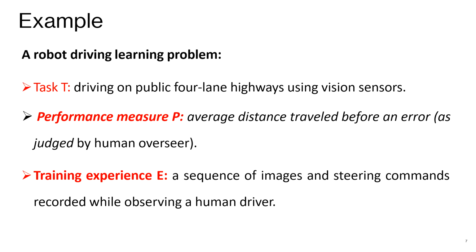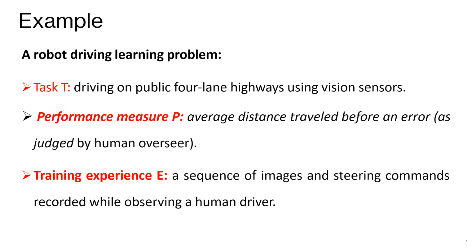Here, our machine learning problem can be represented using three components: task. The task is driving on public 4-lane highways using vision sensors. So, the machine has to learn how to drive based on information obtained from vision sensors or cameras.